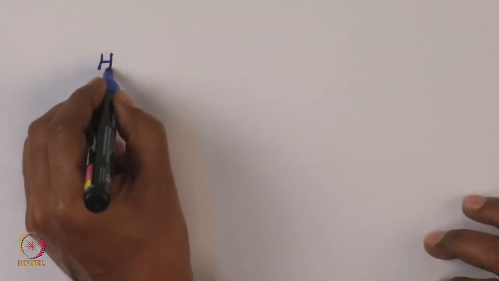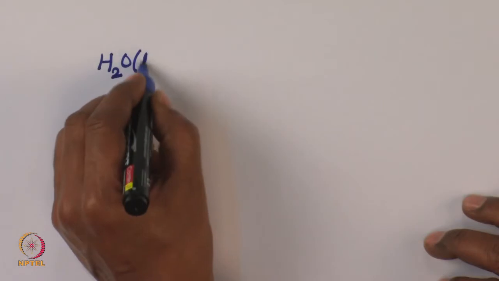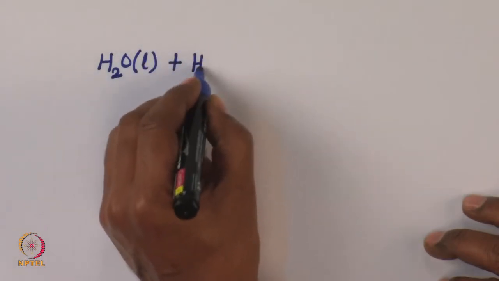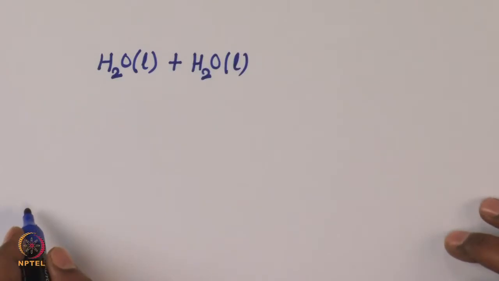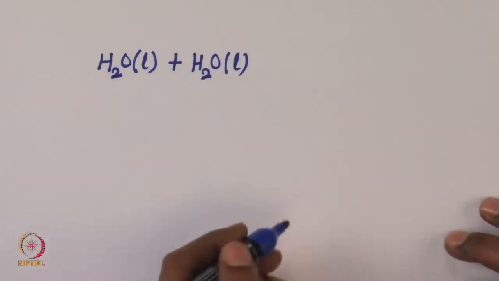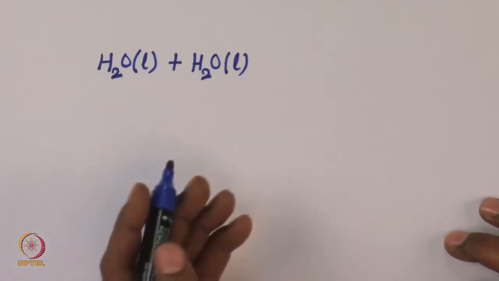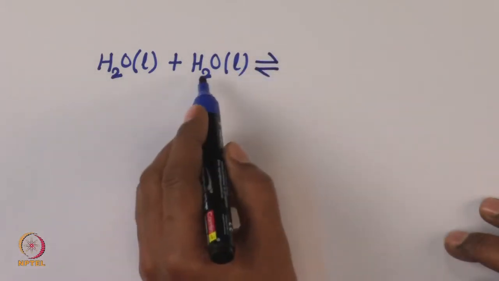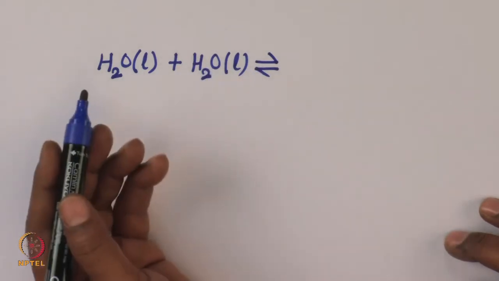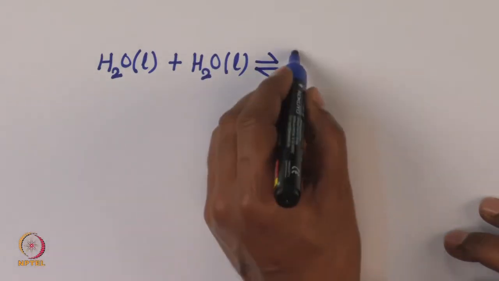Let us take water liquid plus water liquid. Water itself can act as an acid or it can act as a base, because water can accept a proton or water can donate a proton.